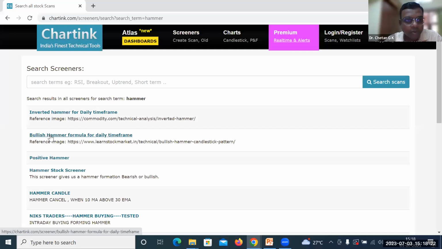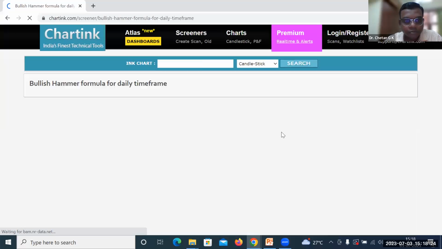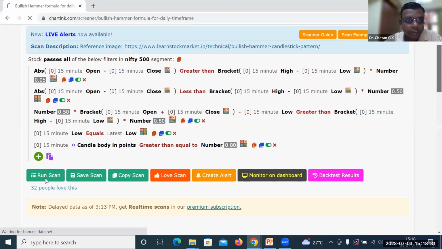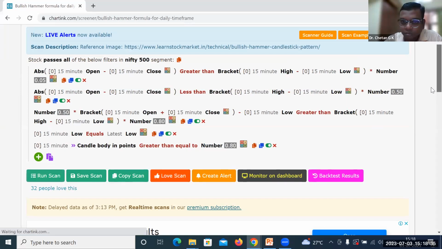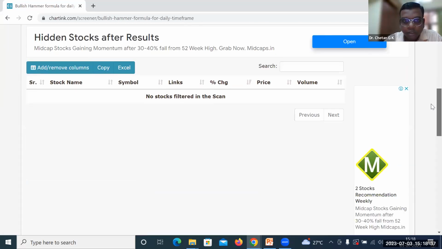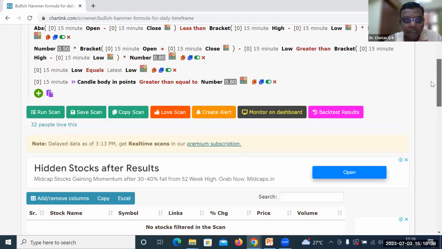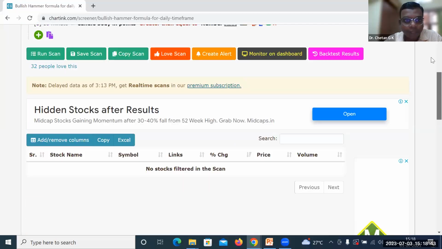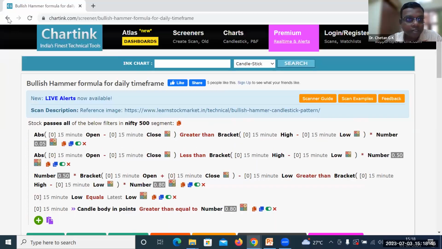You can see bullish hammer it is. So somebody already written this. Okay, so let me go run this scan. So no stock filtered in this particular scan, which means there is no formation of candle for hammer here. That is what it is.